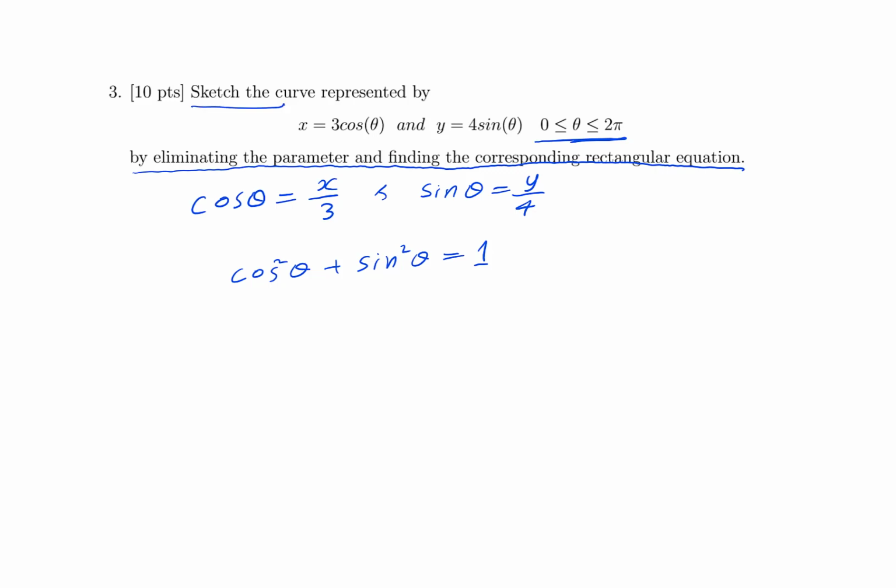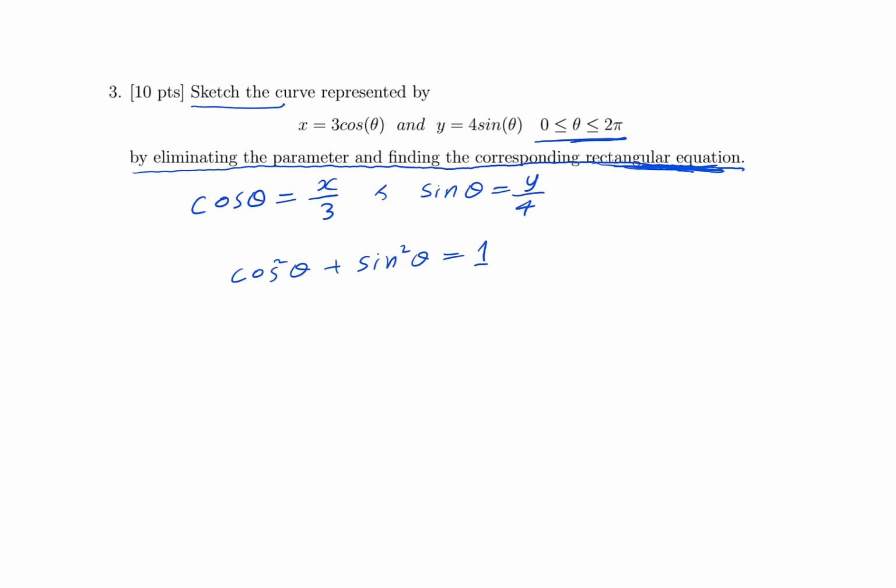First, we need to find the rectangular equation. How do we find the rectangular equation? That is the relationship between x and y. So now we are trying to get a relationship between x and y and removing cosine and sine theta.